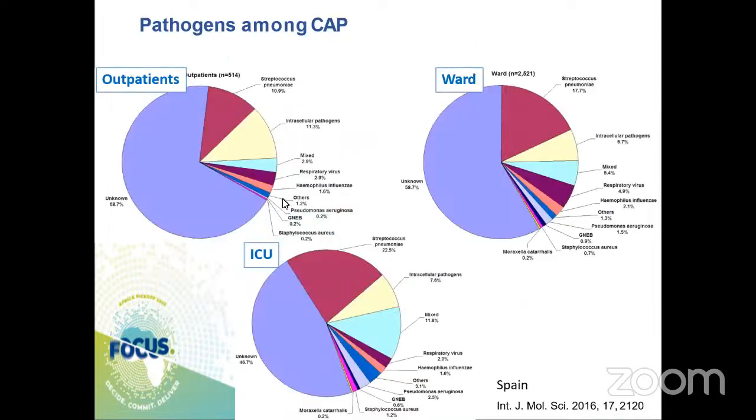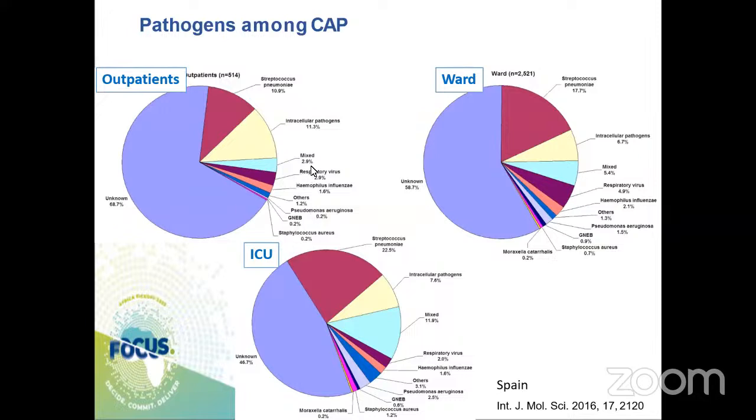Again, if you look at outpatients and the wards, what are the target organisms? Here I tried to get a study from Spain, and maybe in the next presentation I'll try to get local data. You can see representations from the ICU, ward, and outpatient aspects.